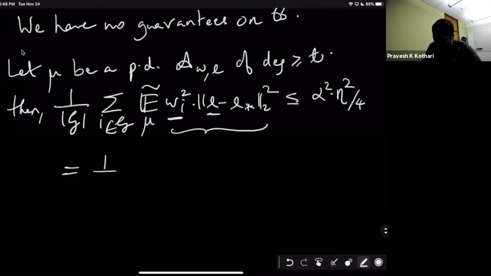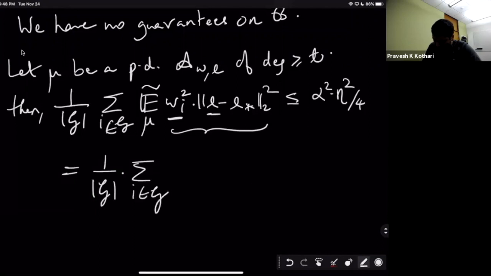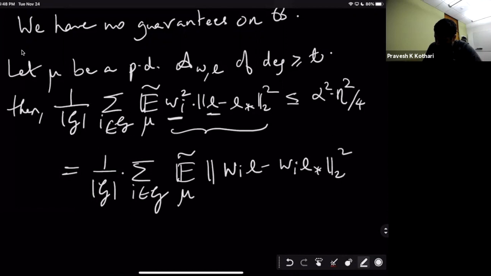And I'm going to reinterpret this as Wi L minus Wi L star.